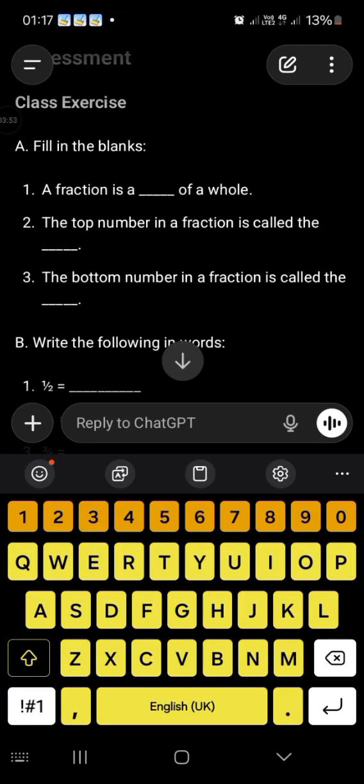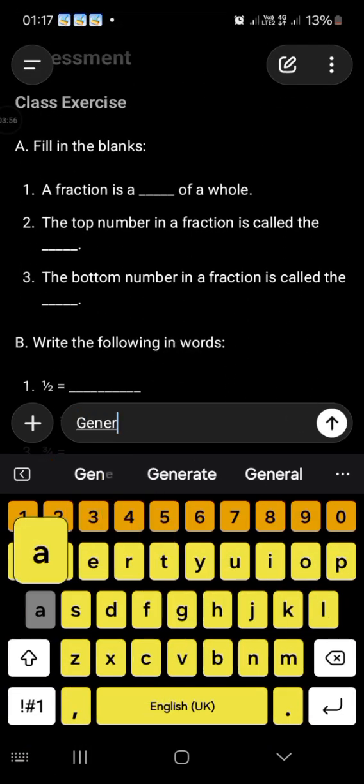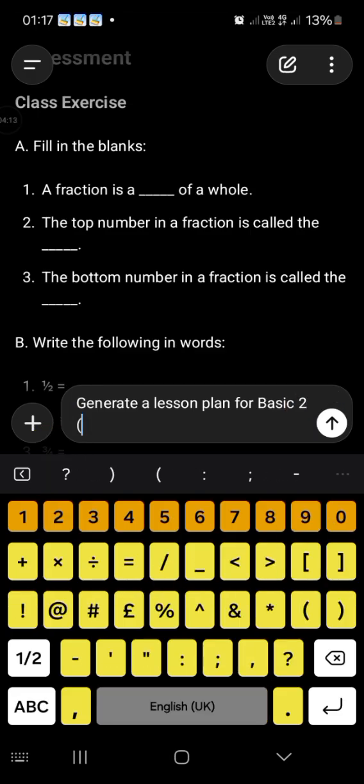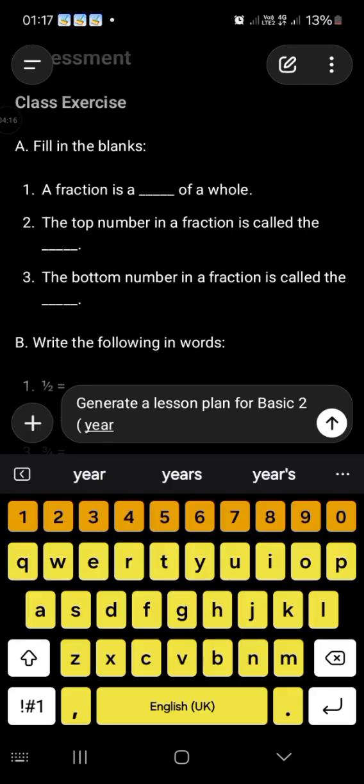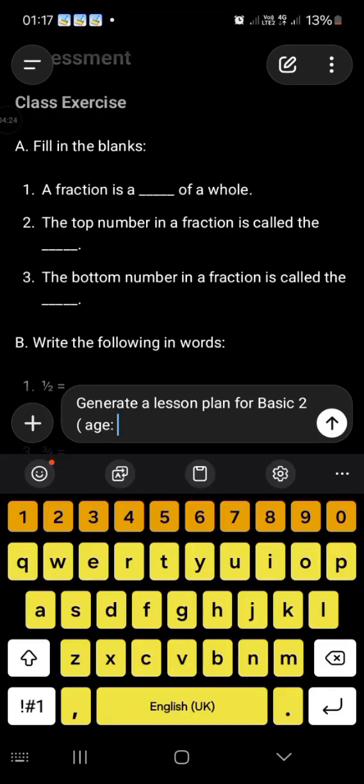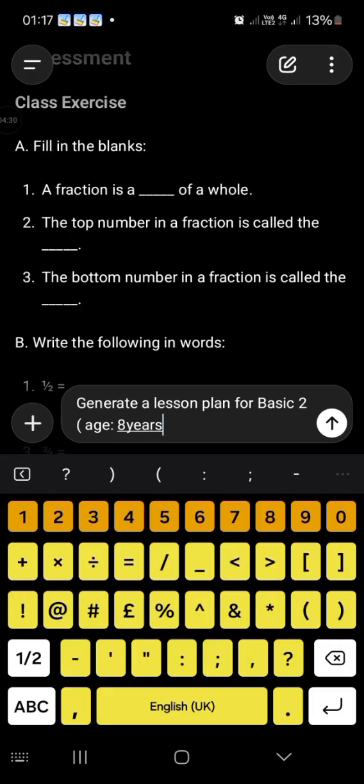So I can say, generate a lesson plan for Basic 2. In bracket, I want to put the age, 7 years plus.